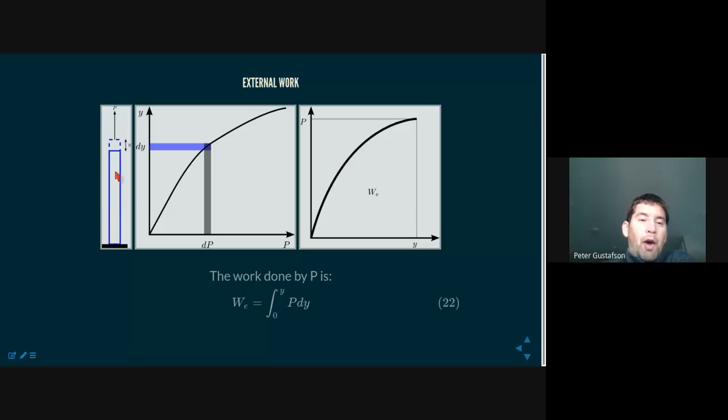In this case, I've got a vertical column that I'm pulling vertically with a point force P. It's an elastic structure, so it deforms a certain magnitude y.